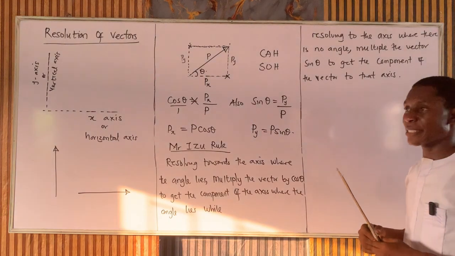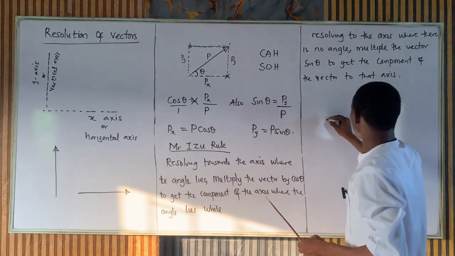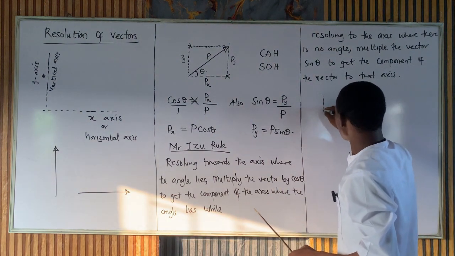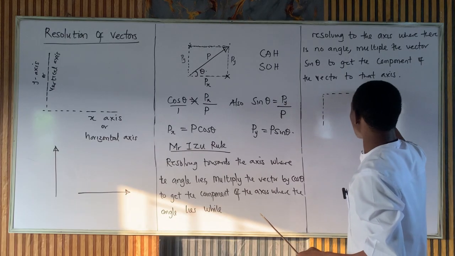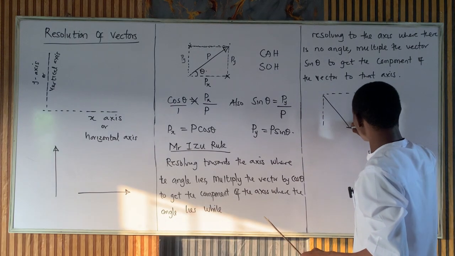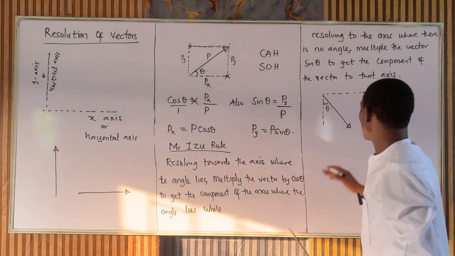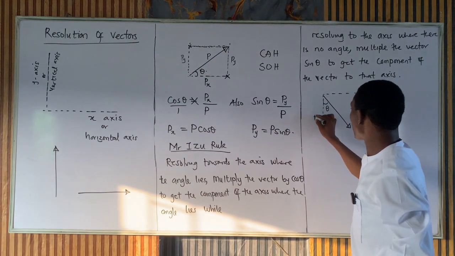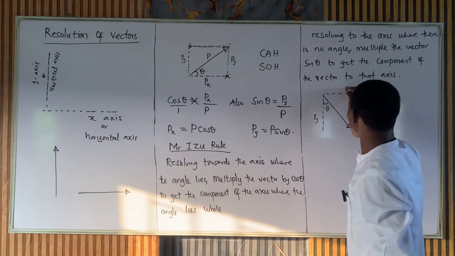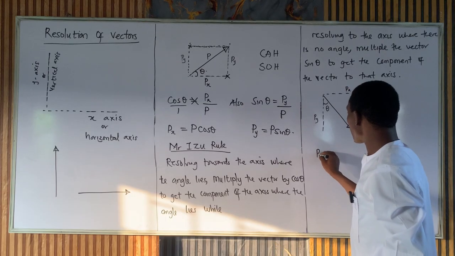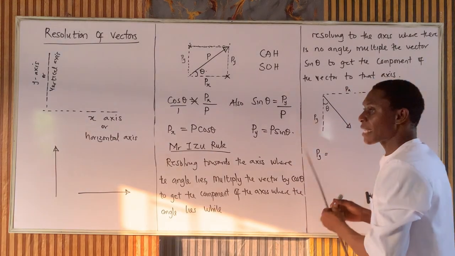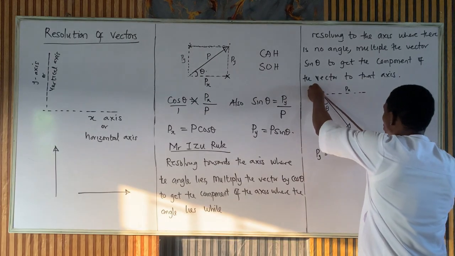So what I mean is this now. Let's say we have another vector like this. This is vertical and this is horizontal. I have a vector like this and the angle is here. Obviously, the vertical component here is what we call P of Y and the other component is what we call P of X. Now, if you want to get your P of Y, pay attention. Are you swiping through the angle?